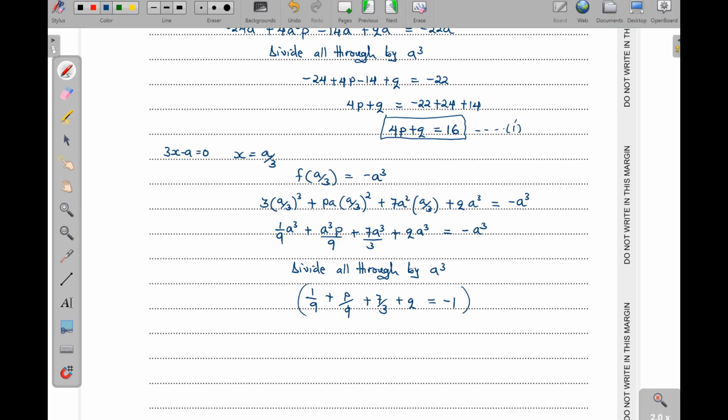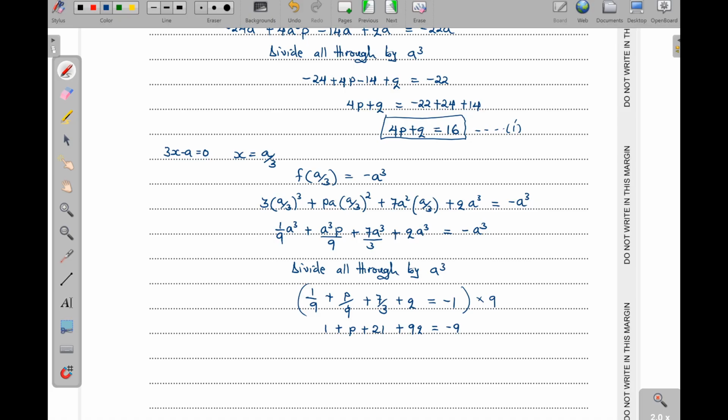Then I'll multiply all through by 9 to eliminate the denominators. That means here we'll have 1, then here p, and then the 3 goes into 9 3 times, so 3 times 7, that will be a 21 also. Then plus 9q, which is equal to negative 9.